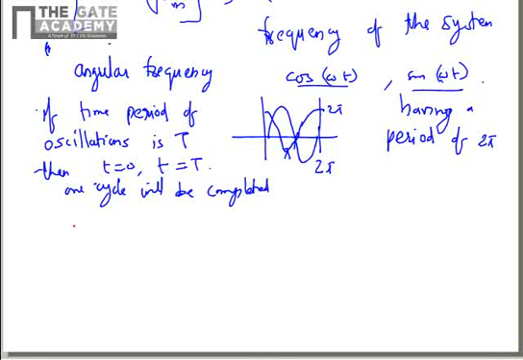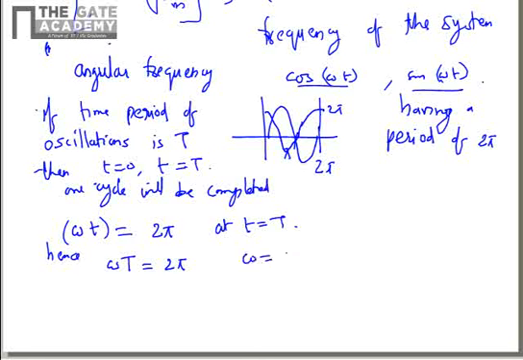So our omega t, the quantity inside the bracket for the cos or sine function, will be equal to 2 pi at time equal to T. So omega into capital T will be equal to 2 pi, or omega is equal to 2 pi by T.